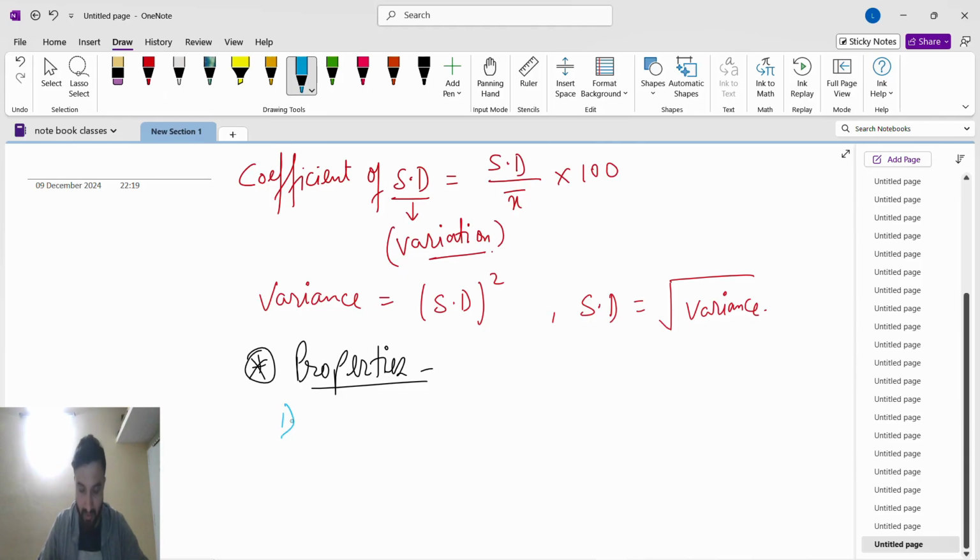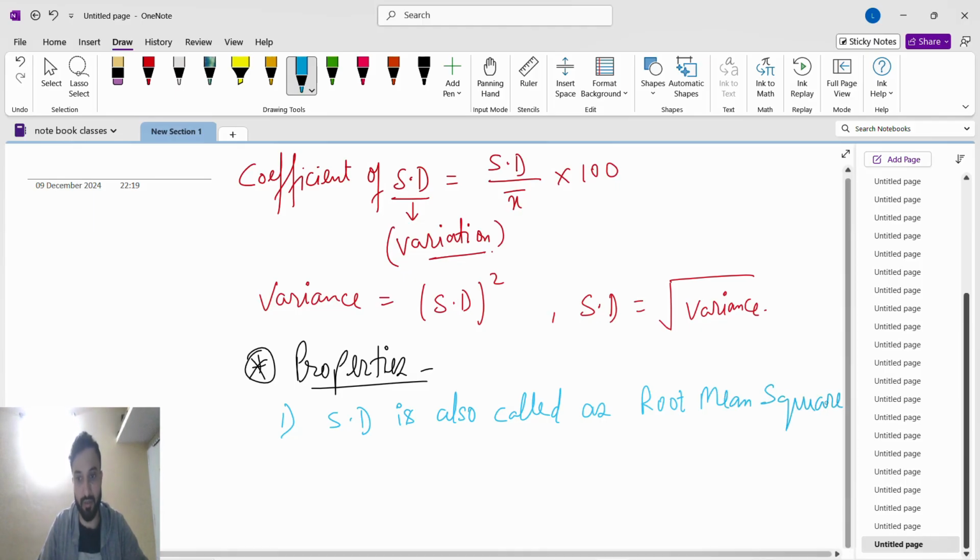The first property is, standard deviation is also called root mean square deviation. It's not different, it's the same.